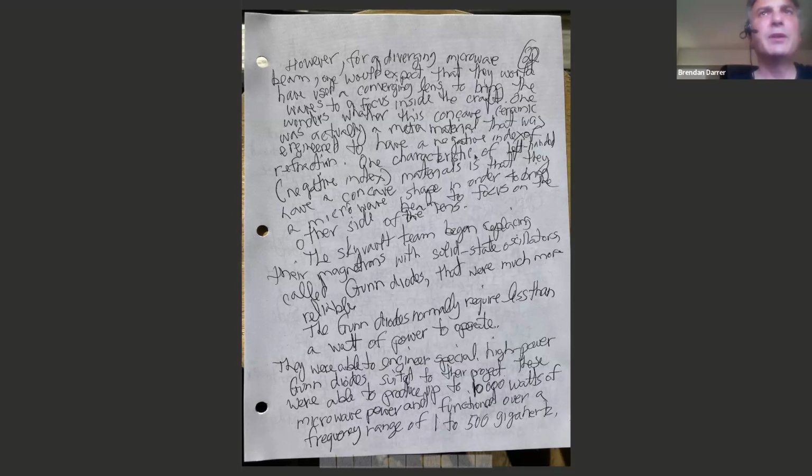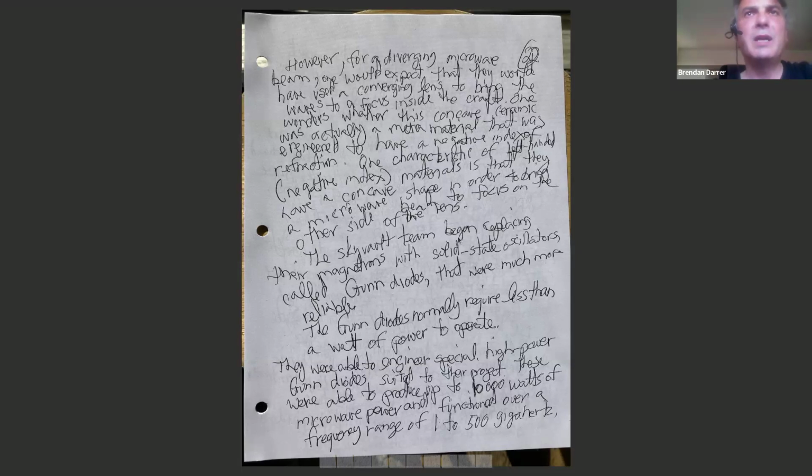One characteristic of left-handed negative index materials is that they have a concave shape in order to bring a microwave beam to focus on the other side of the lens.